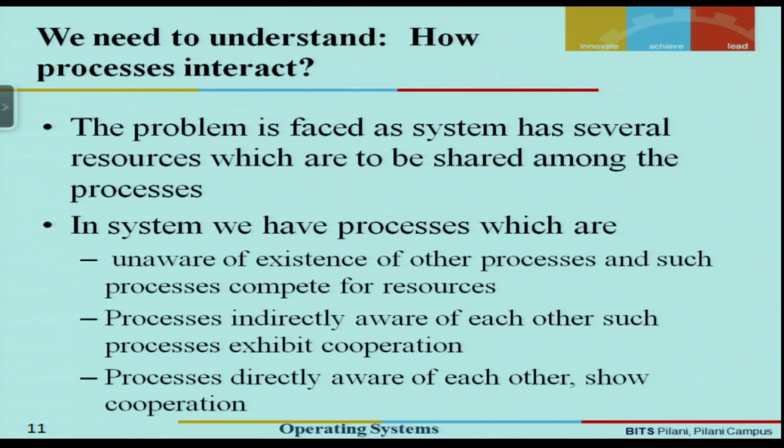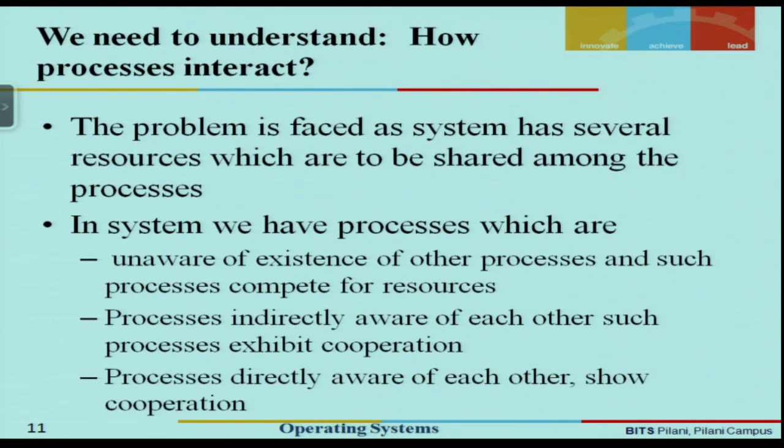In this case, one process is not aware of the existence of the other process. As a consequence, this process tends to believe that all the resources are going to be available to it, and it will try to access them.